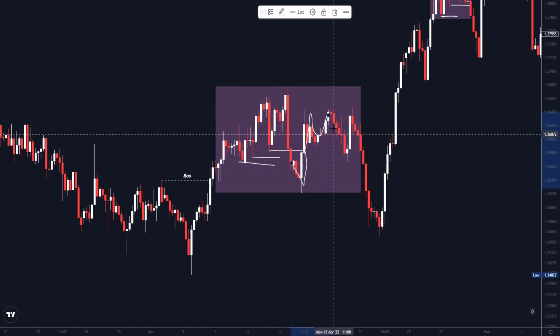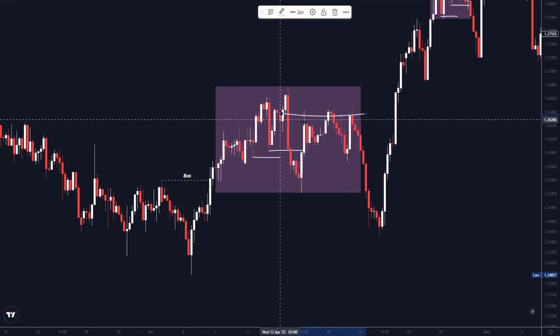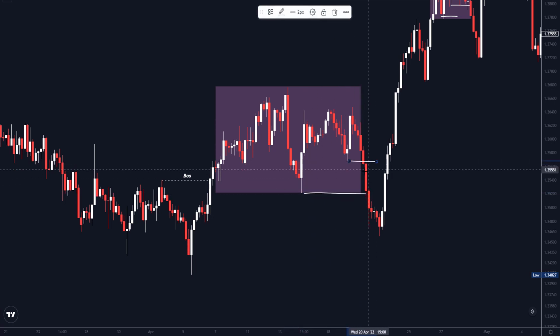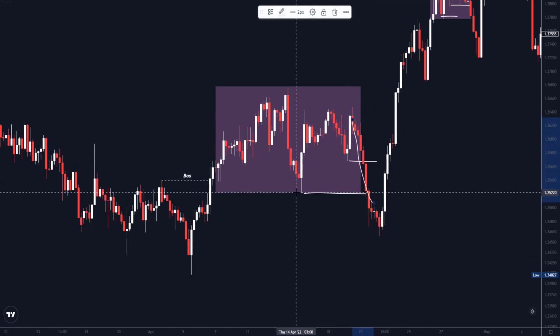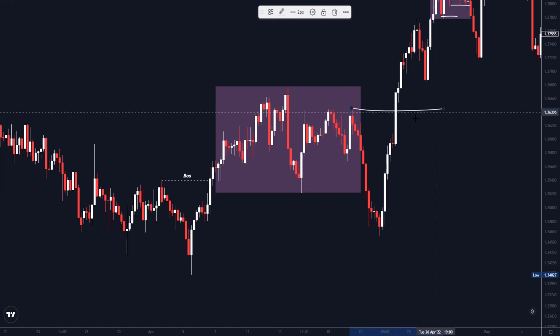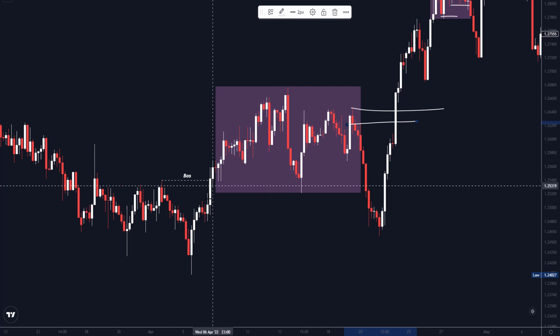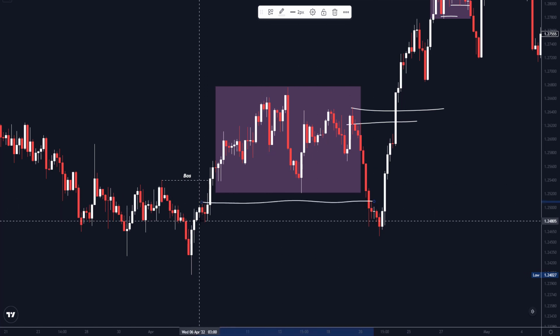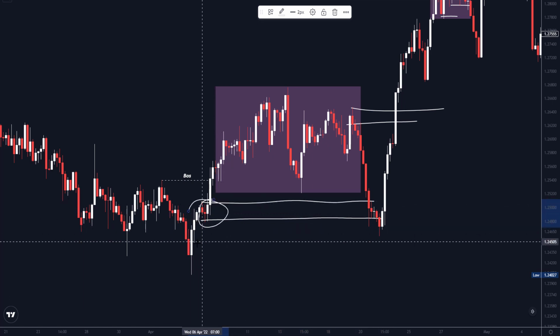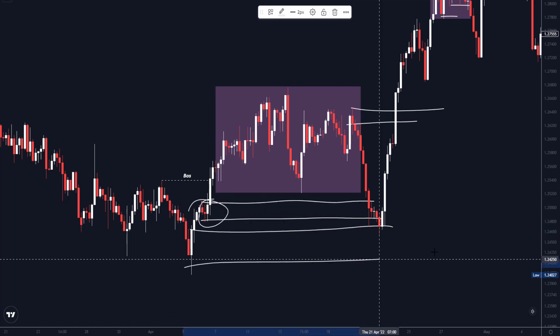It is grabbed. People are still selling from all of these areas right here. We know there is more liquidity here, more here. Impulsive break, people consider that as a change of character. They are placing the sell limit orders here. We know that we are either entering from this, but 99% of the time, even this is gonna be penetrated, so we are entering from this.